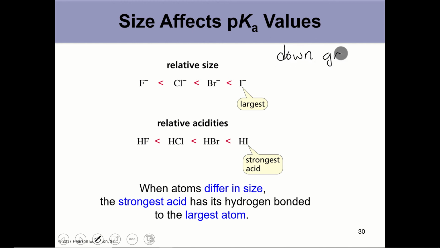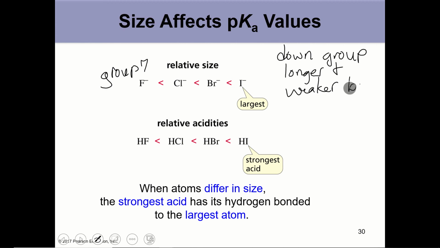Down a group, and in this case, we're looking at group 7, halides, longer and weaker bonds. And we said that acidity can be correlated to the stronger the acid, the weaker the bond to hydrogen.